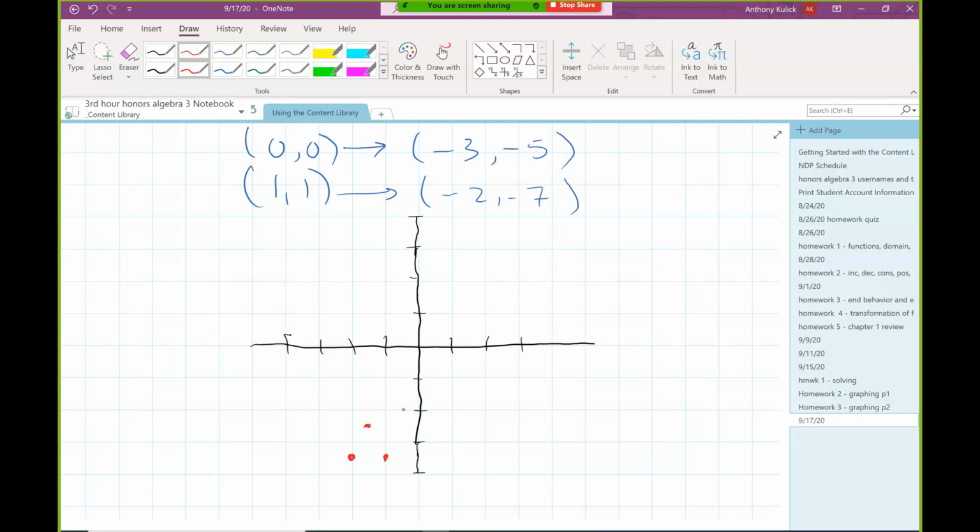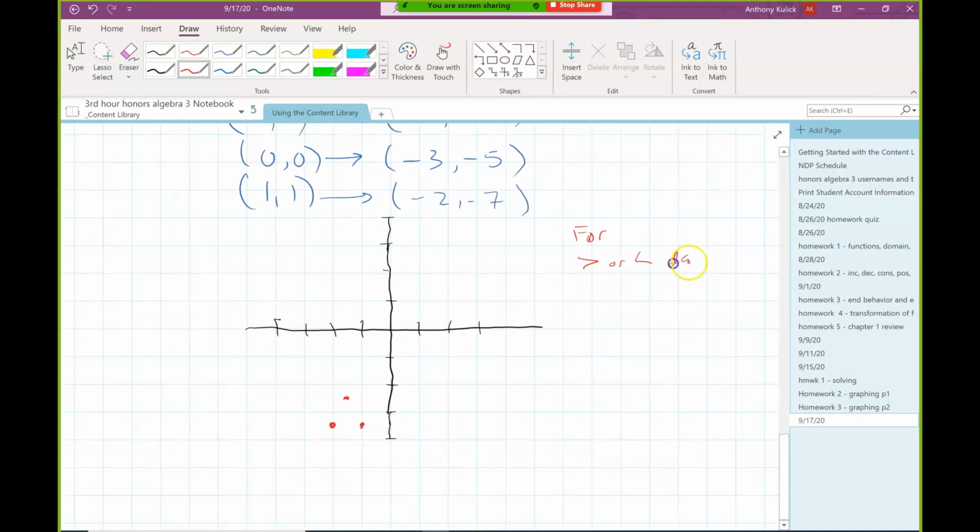Now I'm going to draw my graph. But before I do that, there are two different ways I might draw this graph for an inequality. For a strict inequality, a greater than or a less than, we're going to use a dashed line.